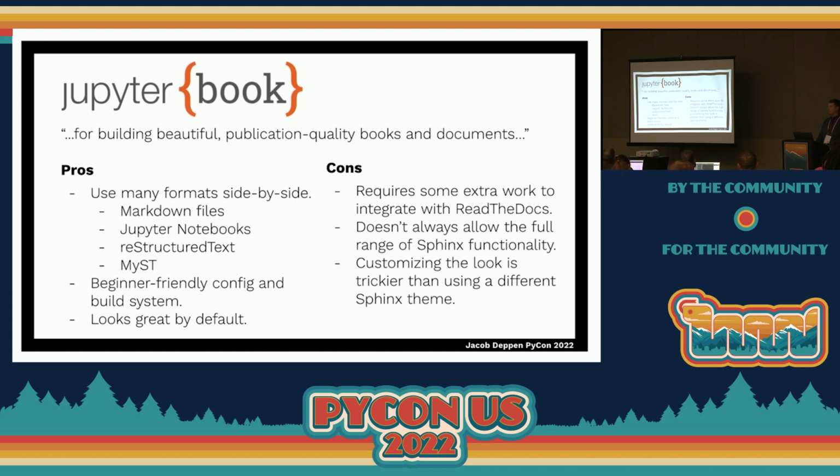First of all, we can use lots of formats side by side. We can write in Markdown. We can write content in Jupyter Notebooks with Markdown and LaTeX and other things. We can write in restructured text if you have existing docs that you want to keep around, or somebody who's engineered some beautiful restructured text thing that you don't want to lose.